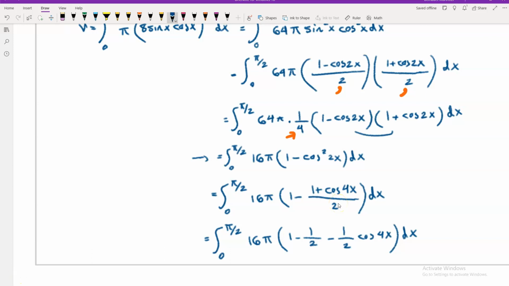Instead of cosine squared 2x, I use (1 plus cosine 4x) divided by 2, so it is the integral of 16 pi times (1 minus (1 plus cosine 4x) over 2) dx.